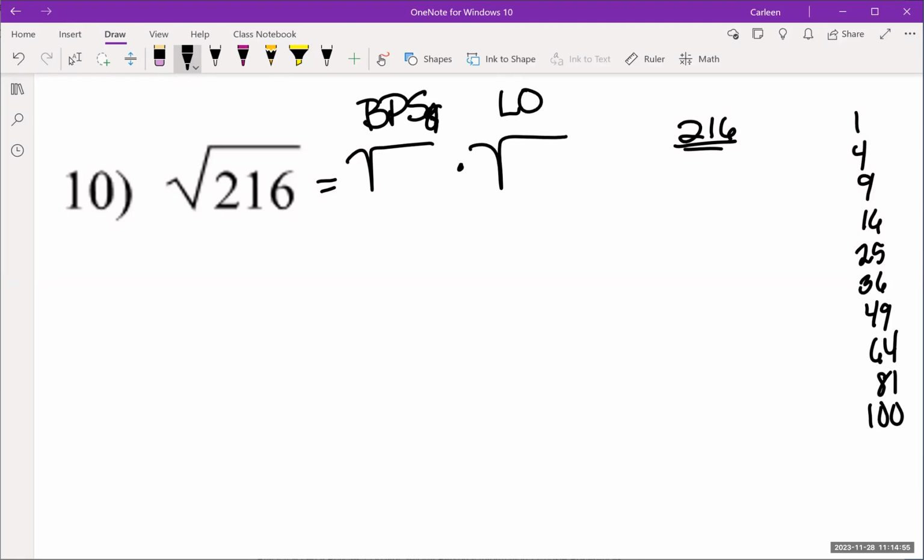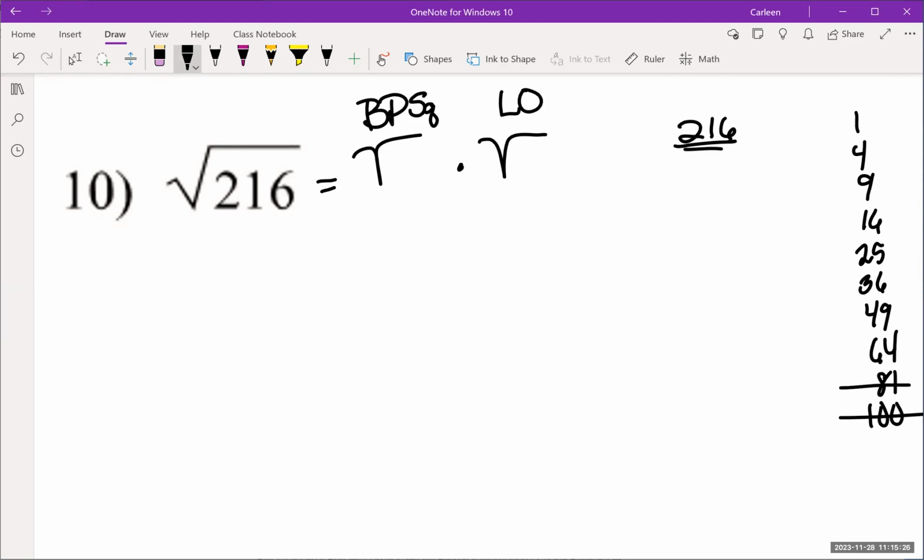Here's one way to do it. One way to do it is with your calculator. 216 divided by 100. Okay, gives me a decimal. Cross it off. 216 divided by 81.